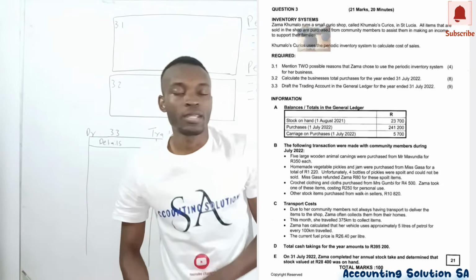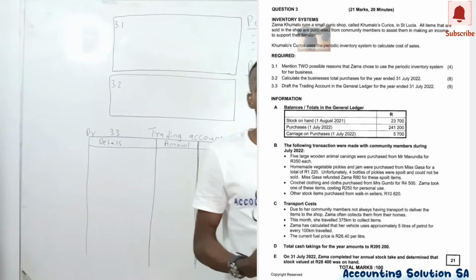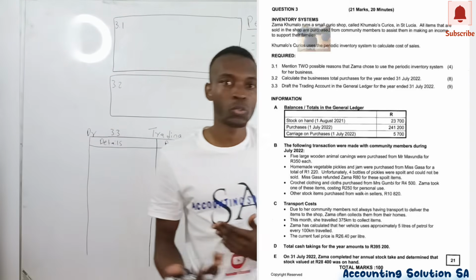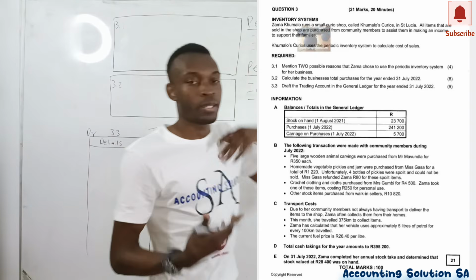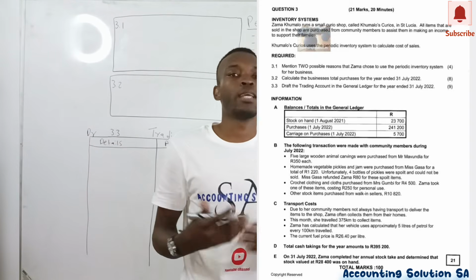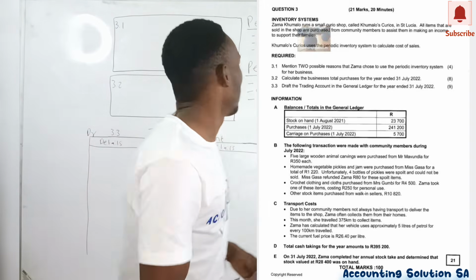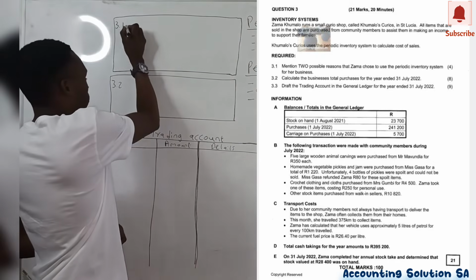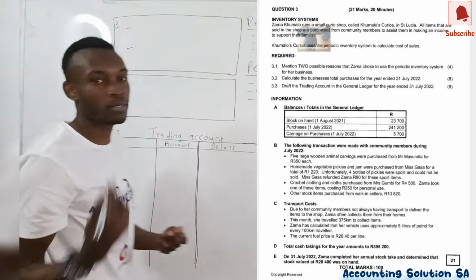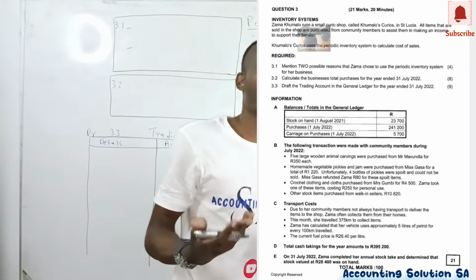Now we have to give a possible reason why Zama chose to use a periodic inventory system. Let's lay down the possibilities. They said 2, which means 1.2 marks.